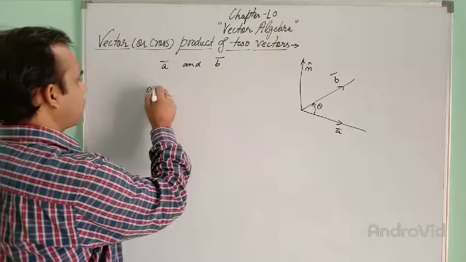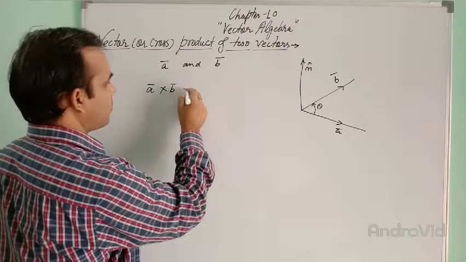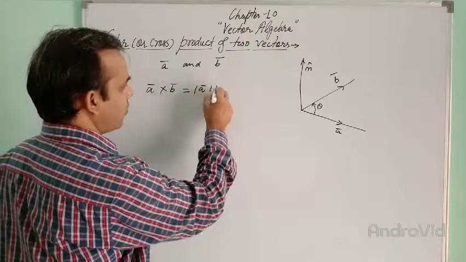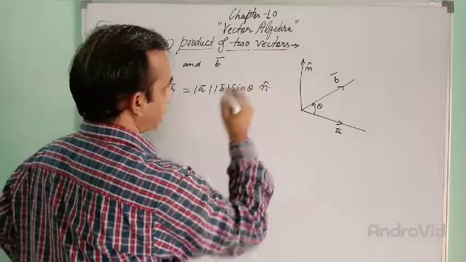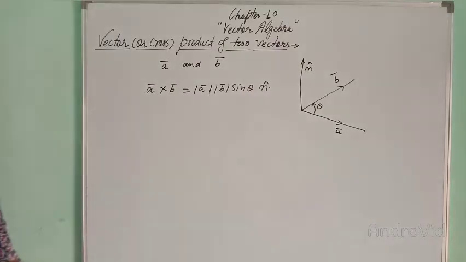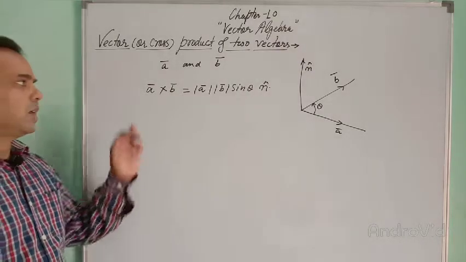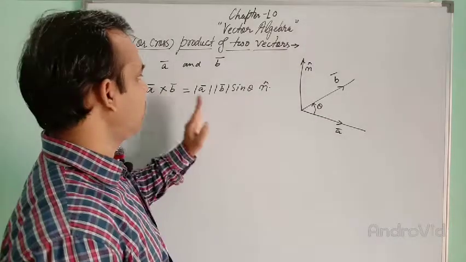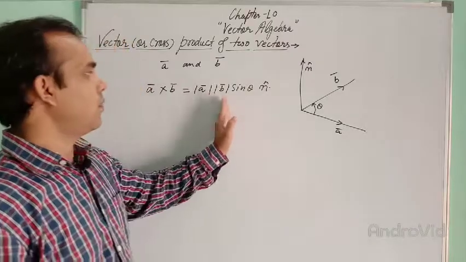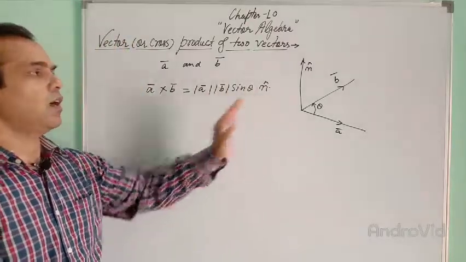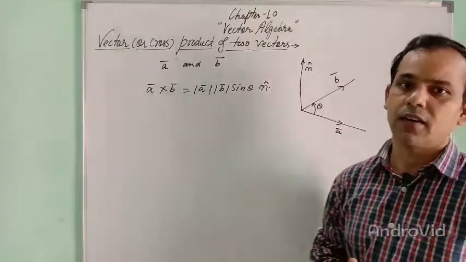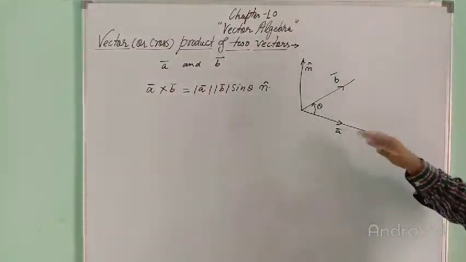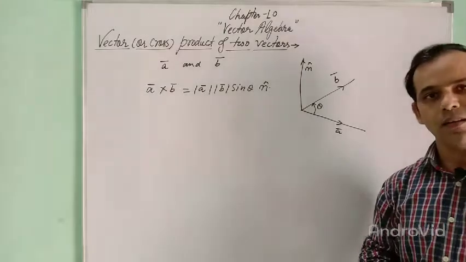So the vector product is defined as a cross b equal to magnitude of a, magnitude of b, sin theta n cap. So the vector product of two vectors a and b is defined as a cross b equal to magnitude of a, magnitude of b, sin theta n cap, where n cap is the unit vector in the direction perpendicular to both a and b.